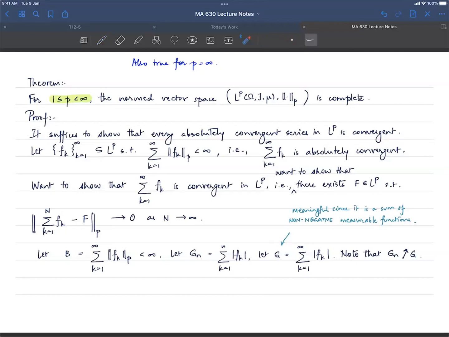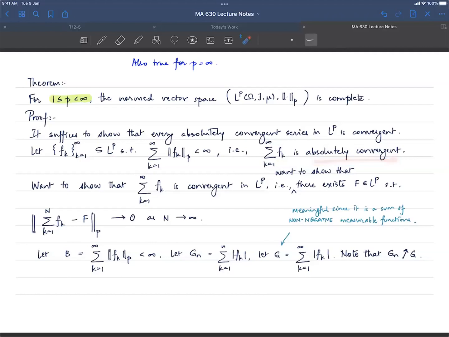So how should we do this? We should take an arbitrary series, assume it's absolutely convergent, and prove that it must be convergent. We want to show that every absolutely convergent series is convergent. So we take an arbitrary absolutely convergent series and show that it must be convergent. So suppose I have a sequence fk, k going from 1 to infinity contained in LP, such that the corresponding series, sum k going from 1 to infinity fk, is absolutely convergent.